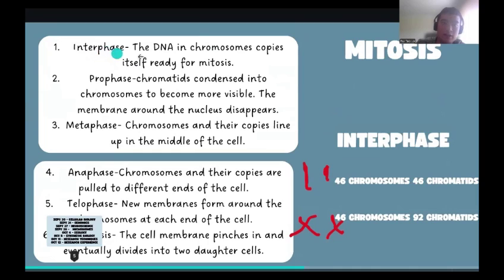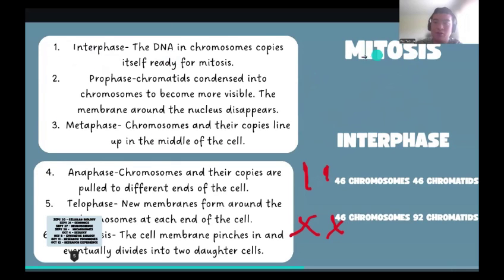In interphase, the DNA in chromosomes copies itself ready for mitosis. If you learn GCSE in school, there will probably be a circle chart.